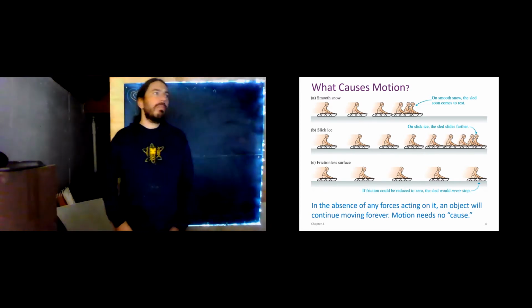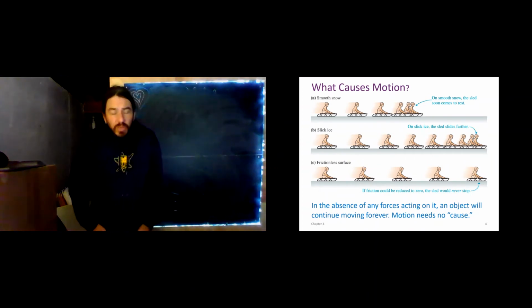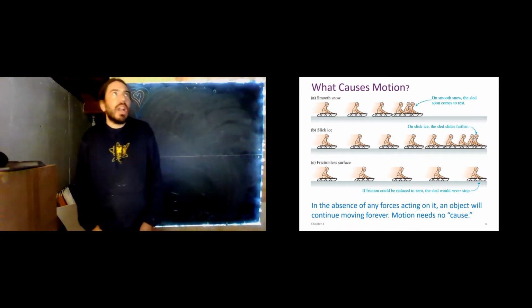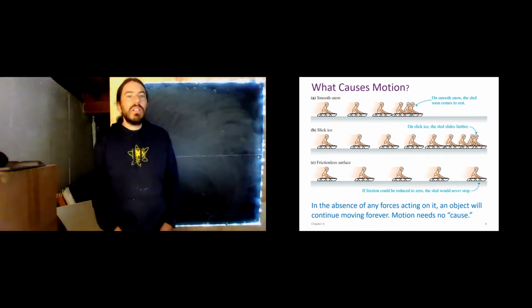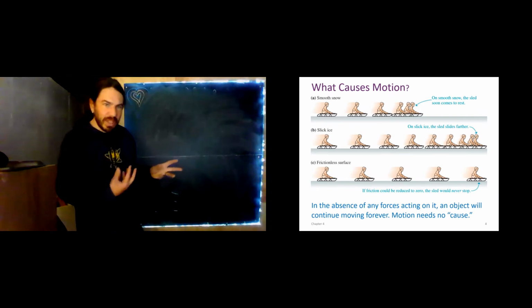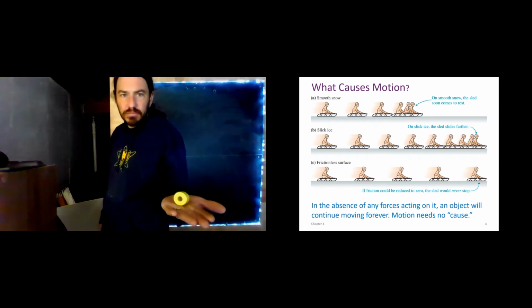And if we want to get something moving, if we want to keep it moving, then we have to push on it. He didn't quite call it a force, but we have to push on it. And he distinguished between violent motion and natural motion. Violent motion was when you had to push on something to keep it moving, and natural motion was just stuff at rest.